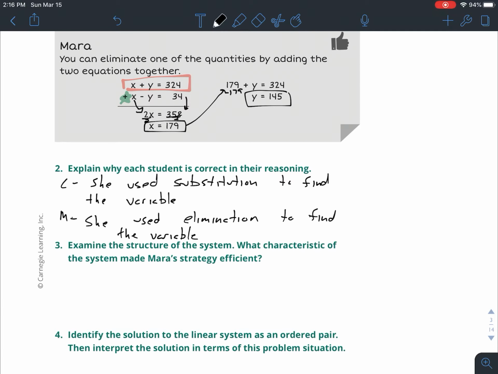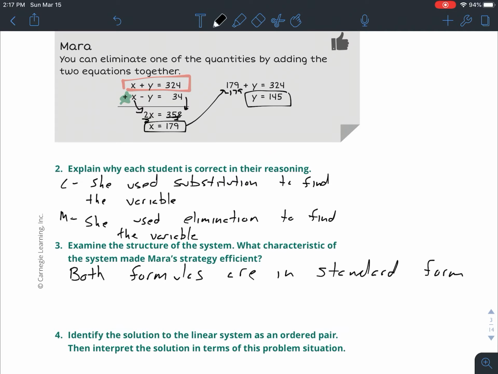So we can say both formulas are in standard form and the coefficients that are additive inverses.